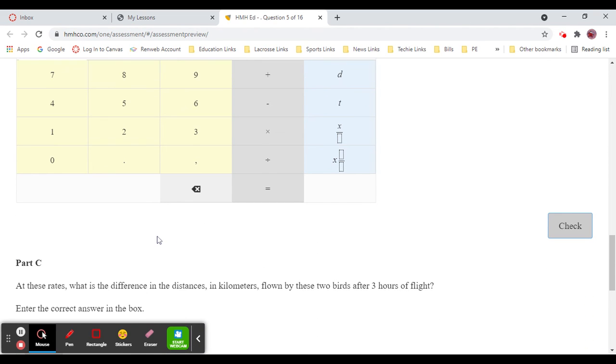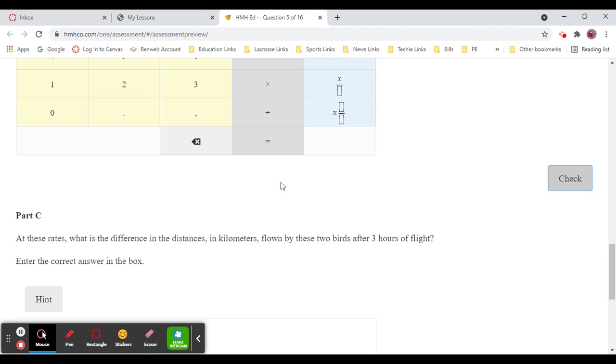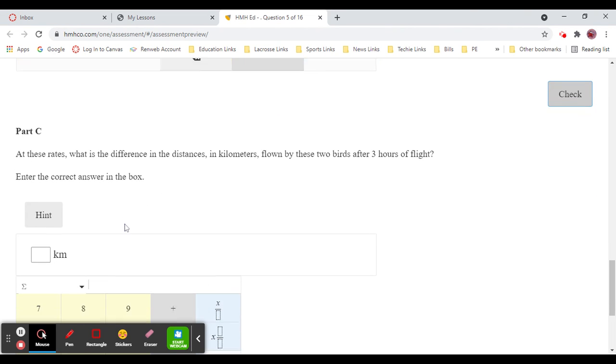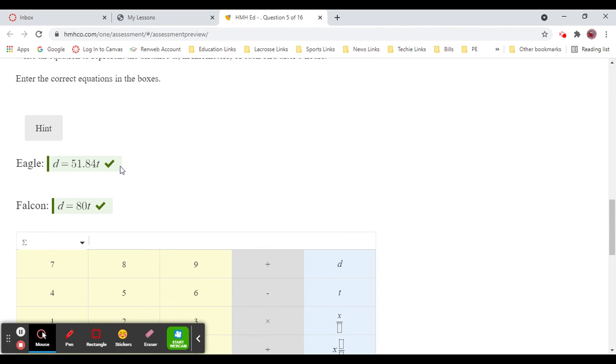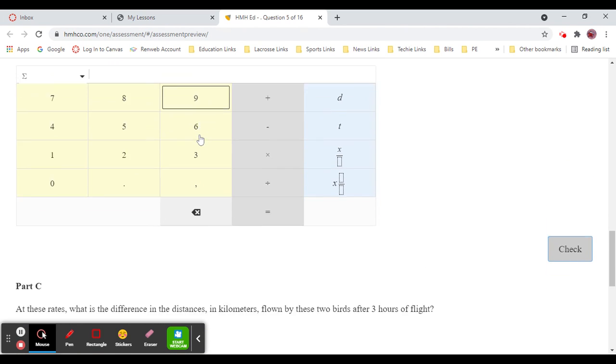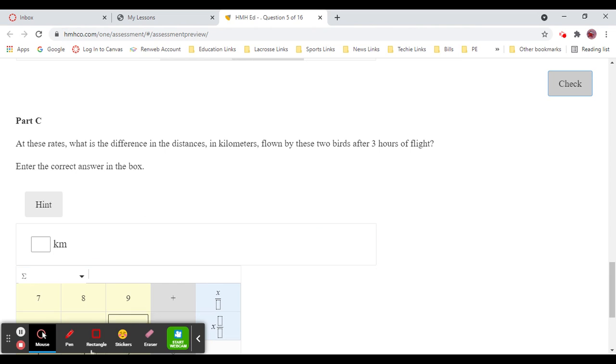And then last but certainly not least, let's find out how far apart they'll be after 3 hours of flight. So the falcon is going to be 240, because 80 times 3 is simply 240.